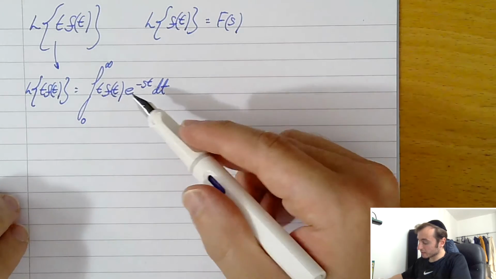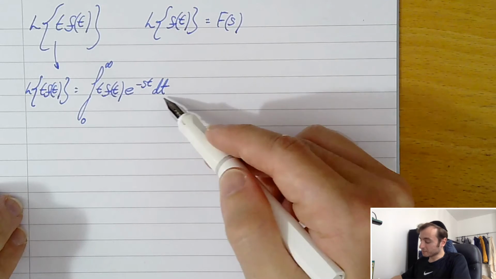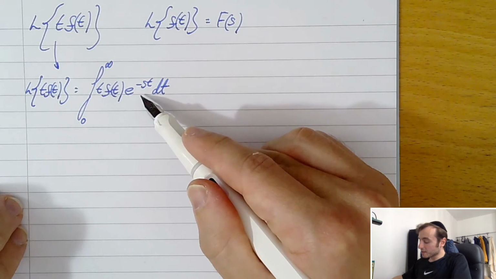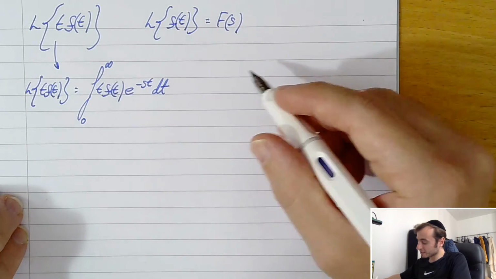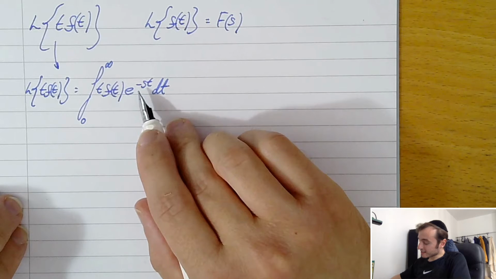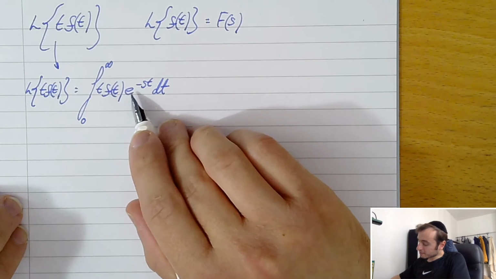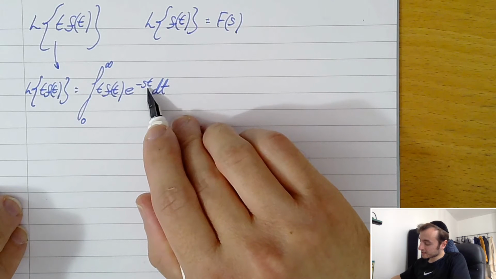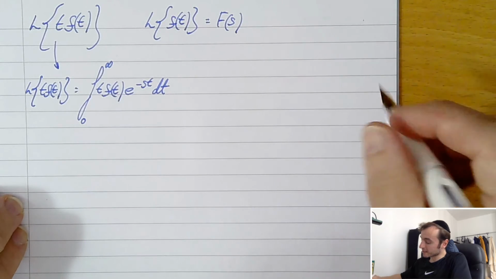So again, it might look a little bit scary at first, or maybe you'd do integration by parts, but if you looked at it for long enough, you'd realize there's something very clever we can do. What we can see is that there's a function and derivative going on here. If we take the derivative of e to the minus st with respect to s, we end up with something we could make a substitution with.